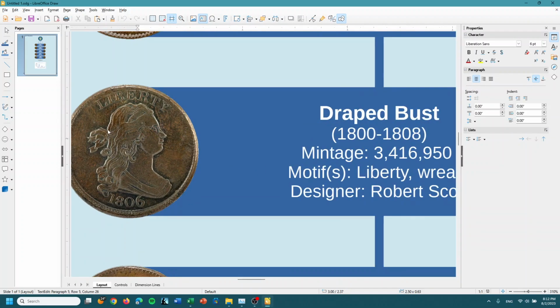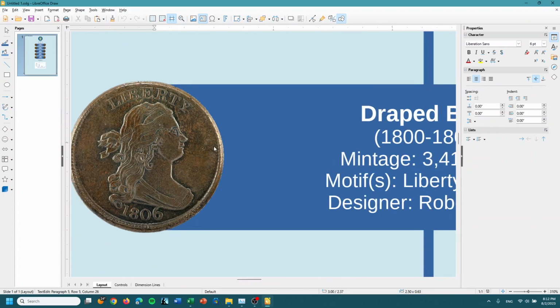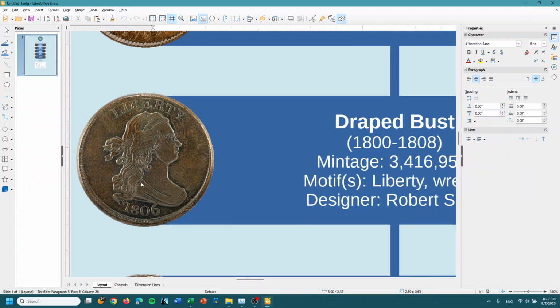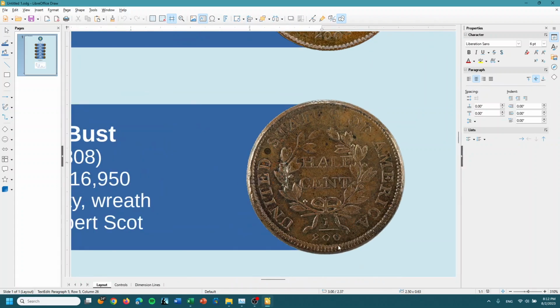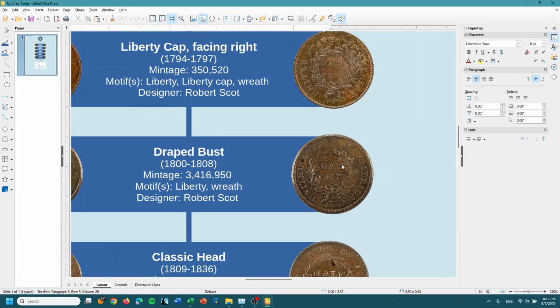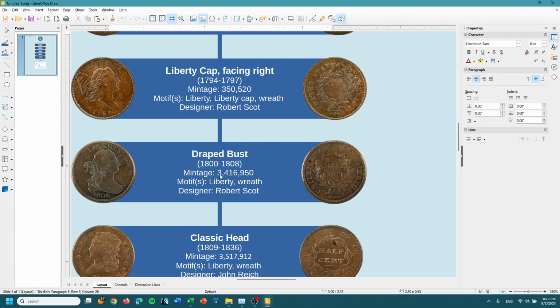You have Liberty, although no cap this time. And on the reverse, you have the same wreath with a fraction there. The designer for this one is Robert Scott, and he was also the designer for the previous coin.